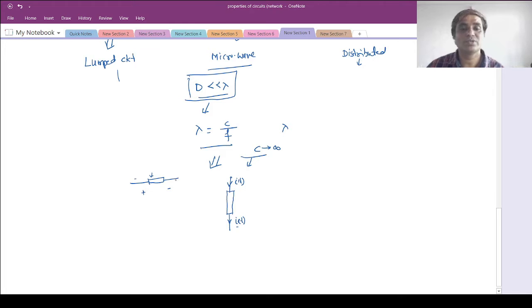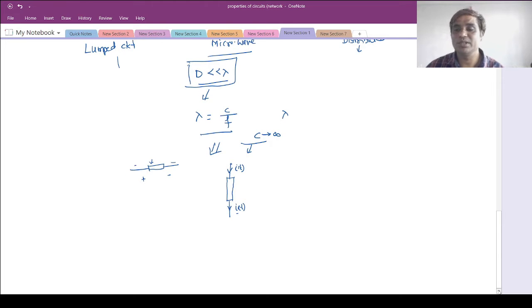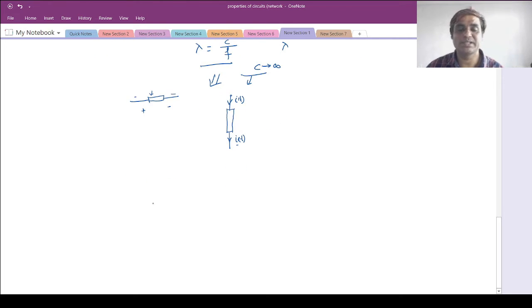At the output, I can immediately see the response. This is because the wavelength is very high, meaning there is no charge accumulation and charges are passing. This is the reason we can observe the response at the output terminal of the network at the same time.